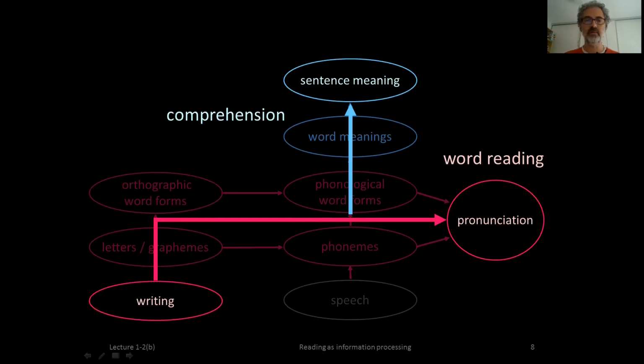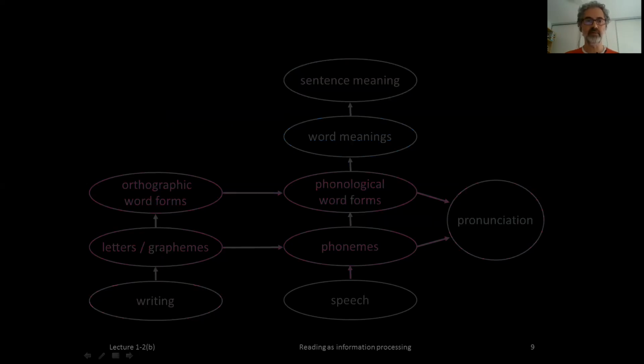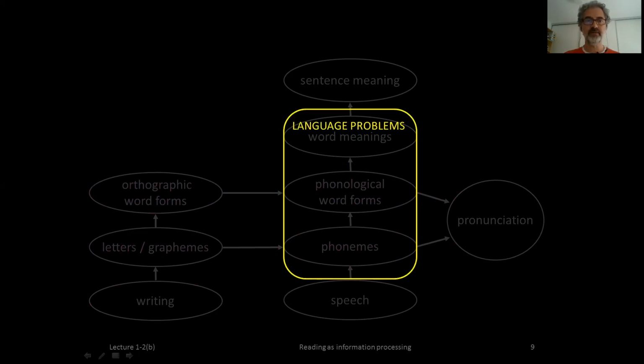So more generally, what kinds of problems are possible in this network of representations and operations, processes for going one to the other? Obviously, the first part is language problems.